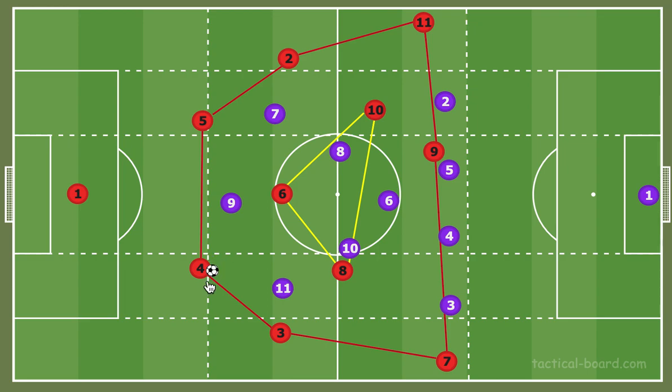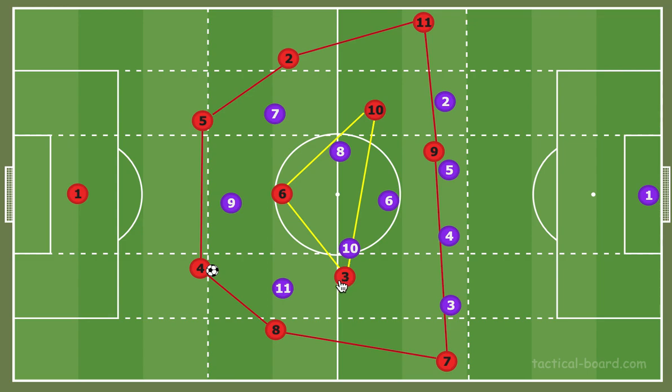And now we can see creating dynamic advantages by players using interchanges or rotations. So players can come in, inverted fullback, interchange, and the structure is the same.